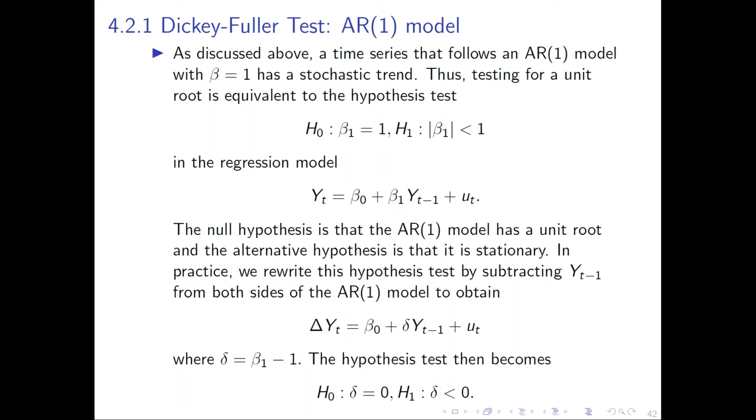As we have seen already, if we have a time series that follows an AR1 model like this, yt equals an intercept plus a slope times the lagged value of y plus the residual term, then if beta 1 is equal to 1, we have a stochastic trend.